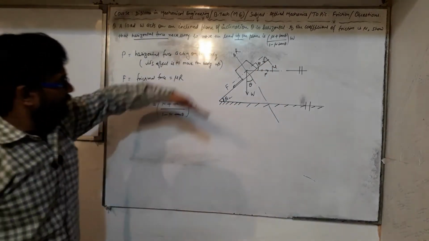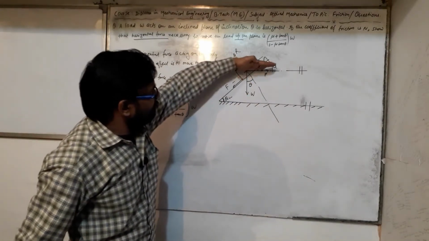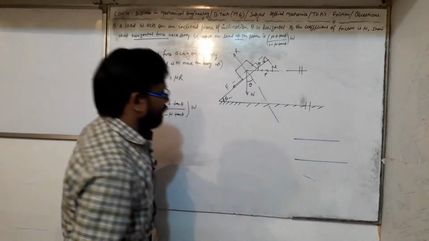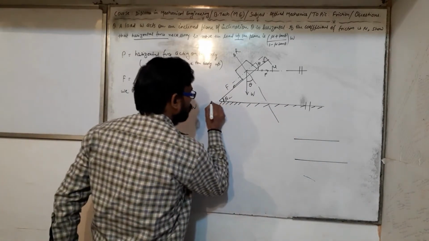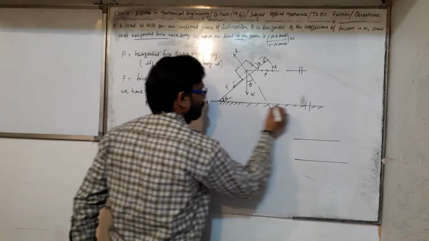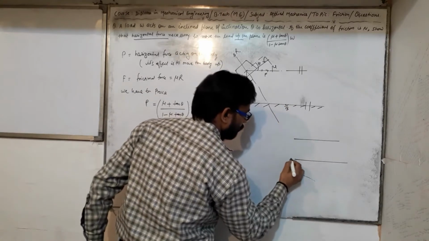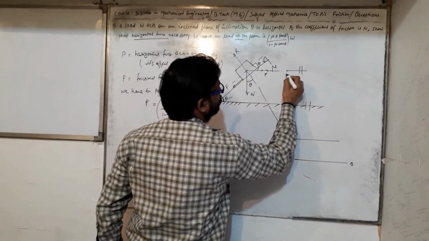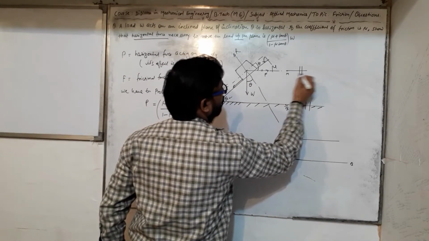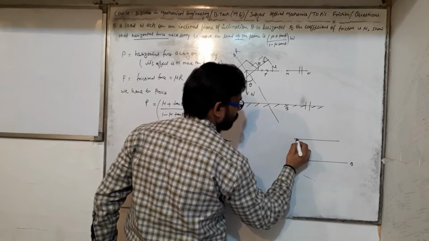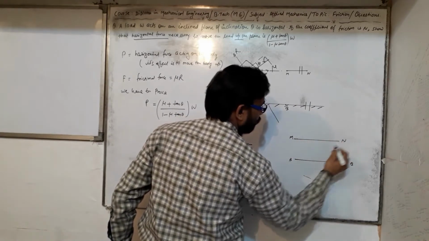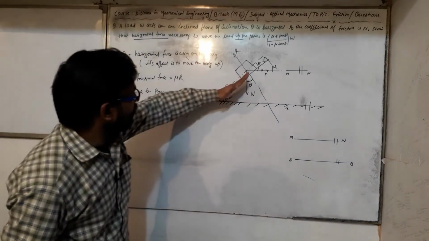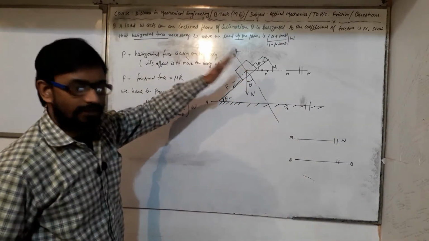These two are parallel lines, suppose AB and MN. Both are parallel, and the inclined plane acts as a transversal.